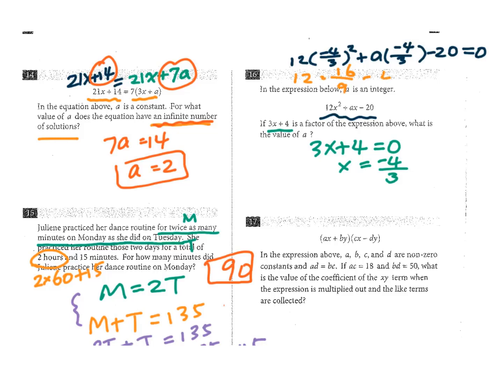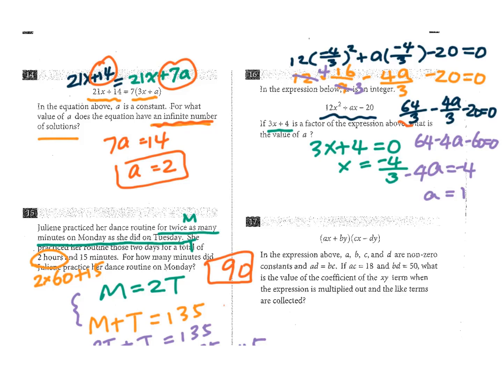Then minus 4a over 3 minus 20 equal to 0. We reduce. Here's a 4, this is a 3. So first of all, you simplify into this. Then multiply every term by 3, since we don't want the denominator. You get this one. Then you get a equals 1.